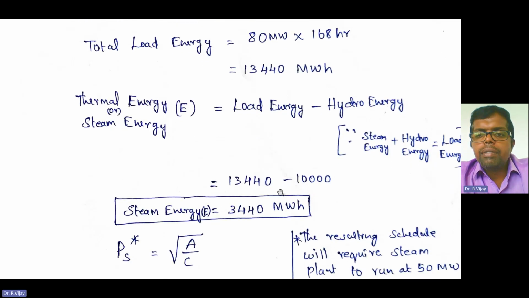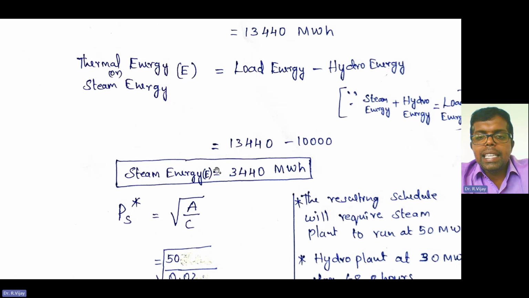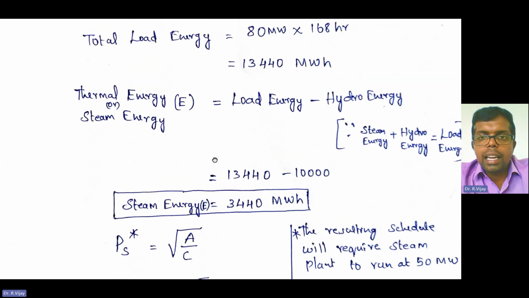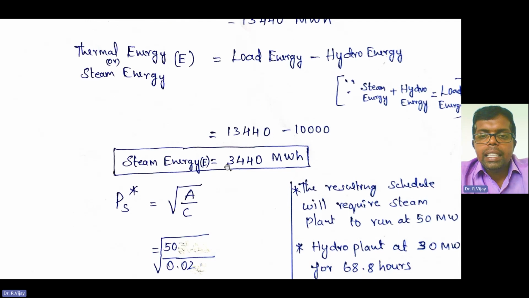Substituting, steam energy E is this minus this, so we get 3440 megawatt hour. That is the steam energy generated.